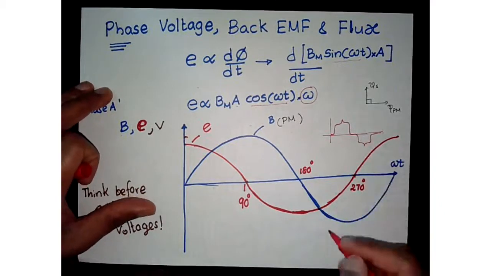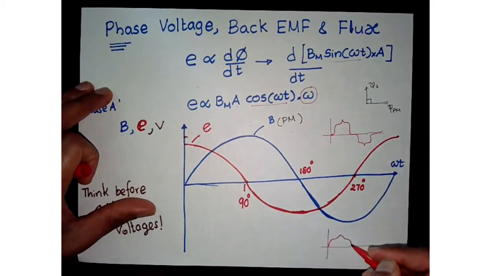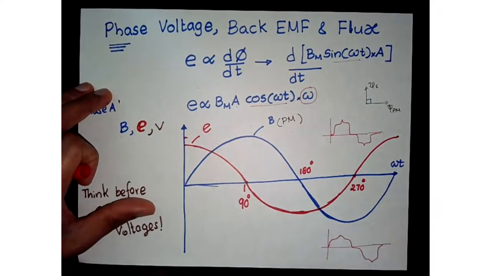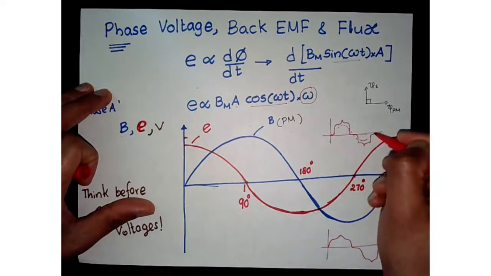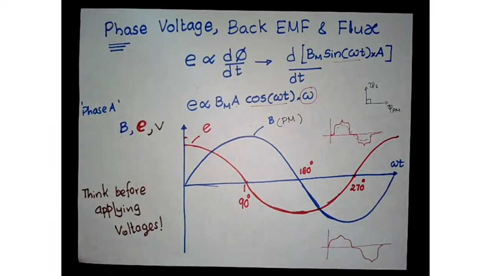You might see waveforms like this. So they're not going to be truly sinusoidal. Okay, and in certain cases you might see very close to sinusoidal shape in terms of back EMF.